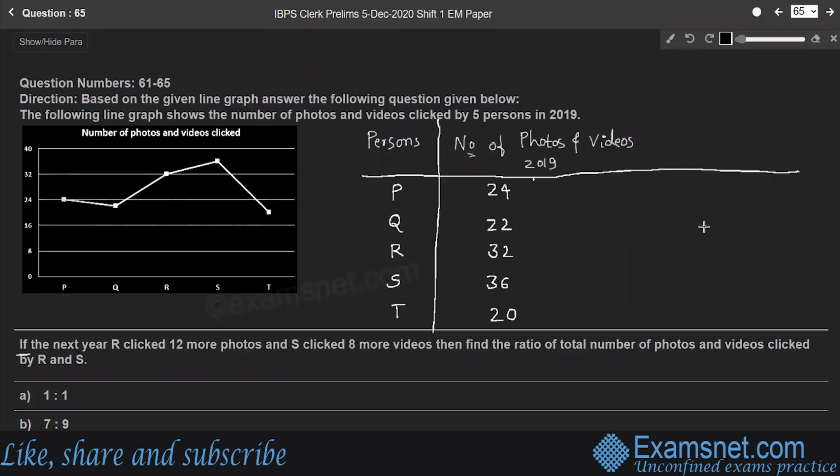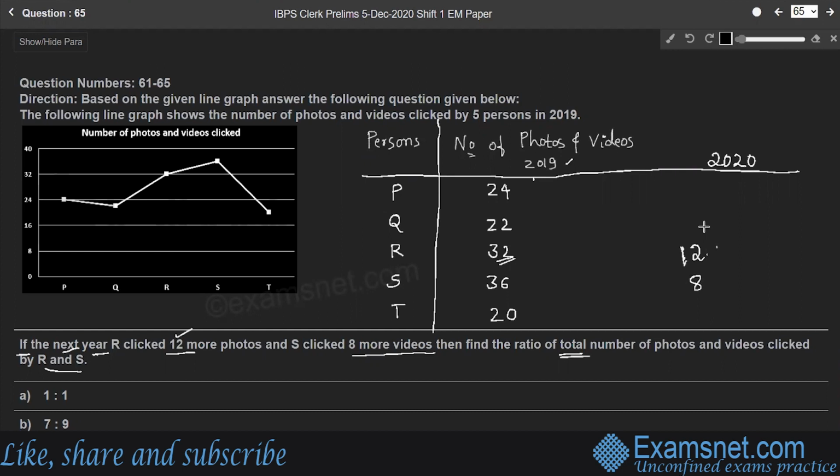Question 65. If the next year R clicked 12 more photos and S clicked 8 more videos, then find the ratio of total number of photos and videos clicked by R and S. In 2019, R has clicked 32 photos and videos together, right? In the question, it is given that in the next year, that means in 2020, R clicked 12 more photos and S clicked 8 more videos.